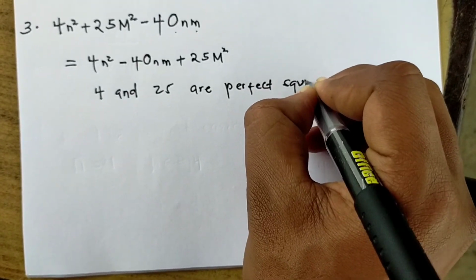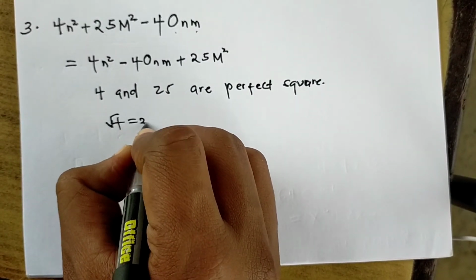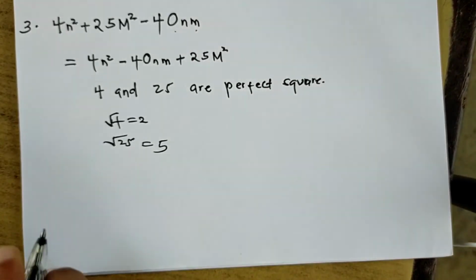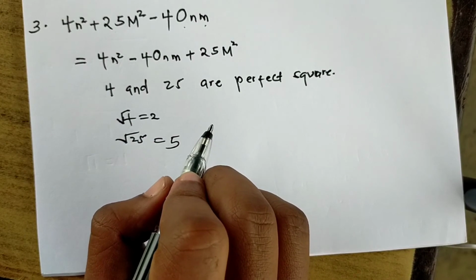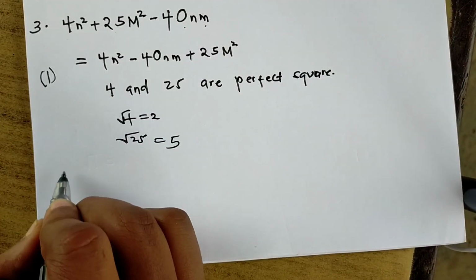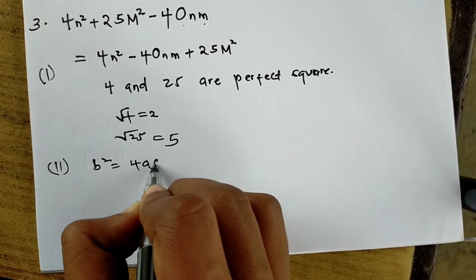Both 4 and 25 are perfect squares. Why? The square root of 4 is 2. The square root of 25 is 5. So we can say those are perfect squares, but it is not yet over until condition number 2 is tested. Condition number 2 is b square is equal to 4ac.